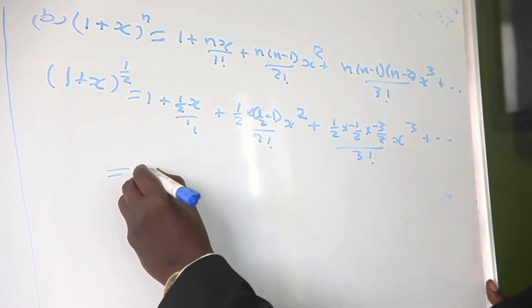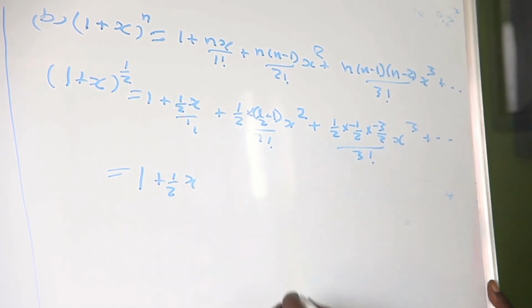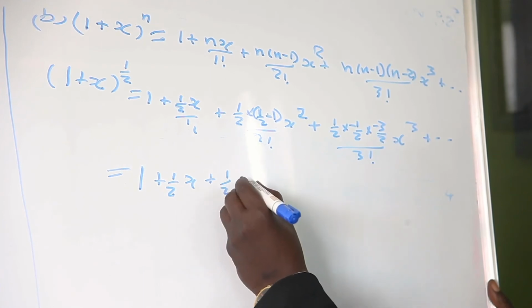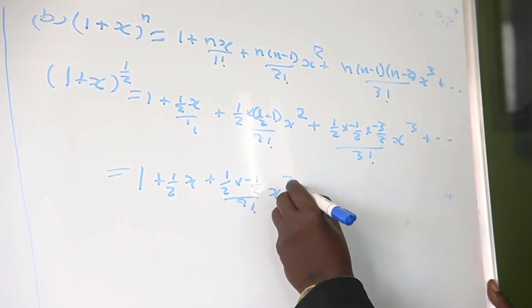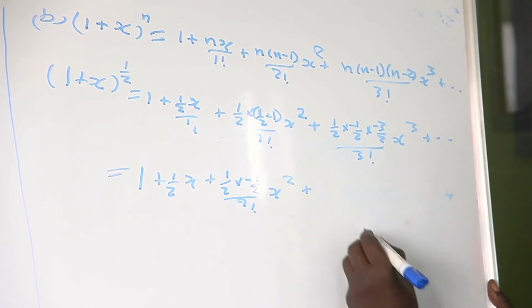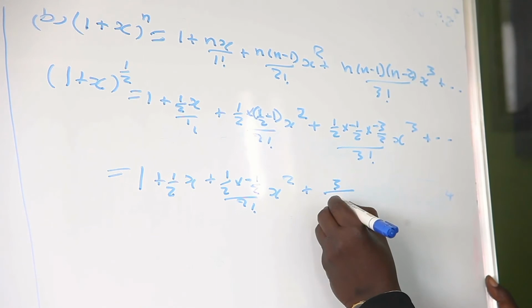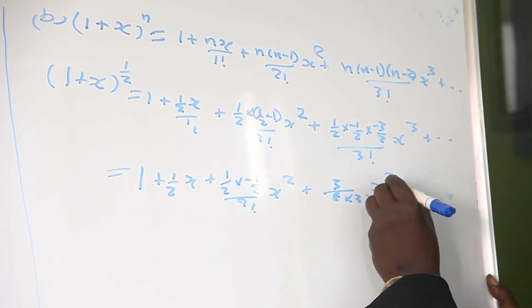So what we have is 1 plus a half x. Then this one gives us a half times negative a half over 2 factorial x squared. Then plus 3 over 8 times 3 factorial x cubed.